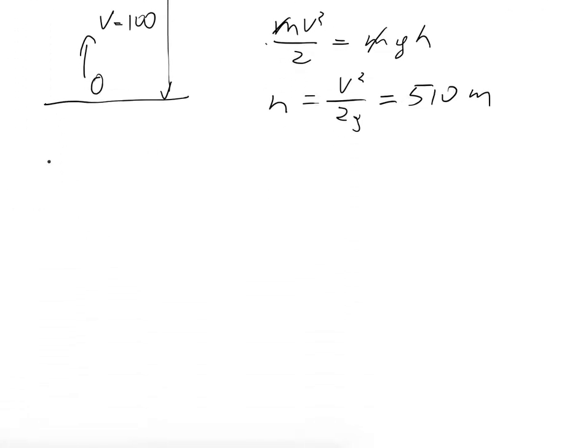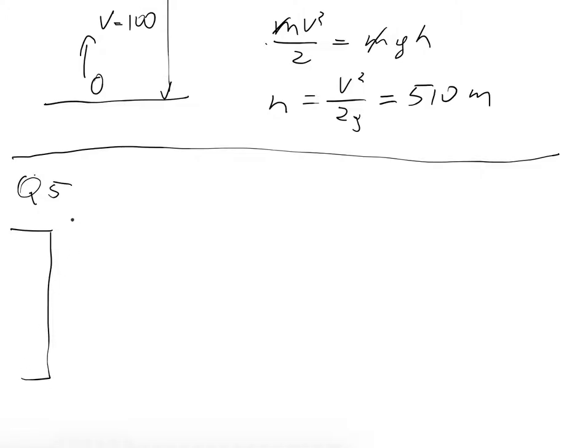For question number 5, we're looking at a body at point A, 100 meters above the ground. This distance is 100 meters.